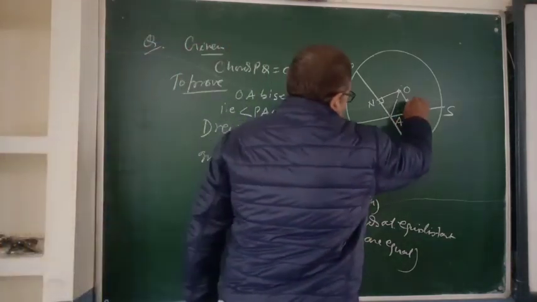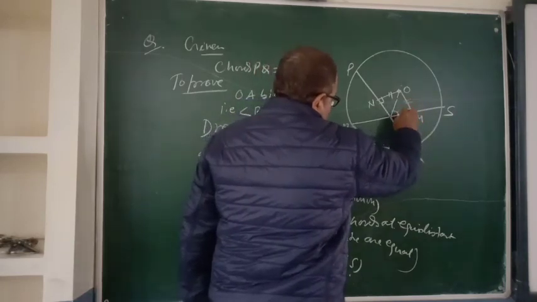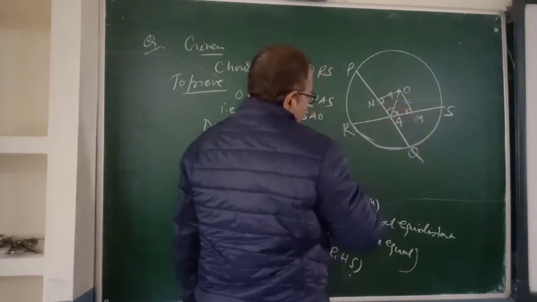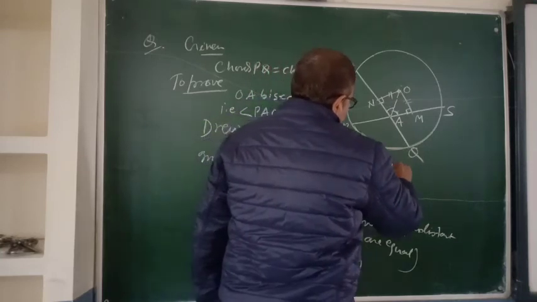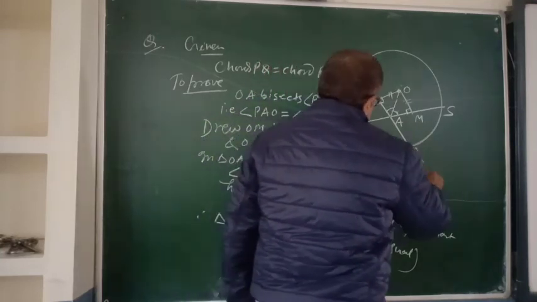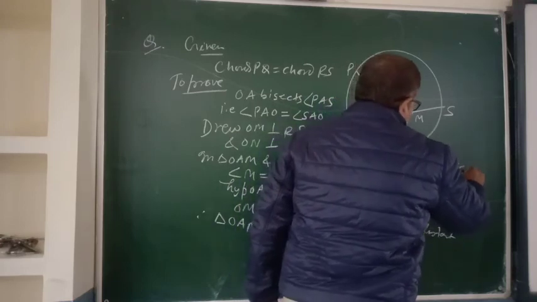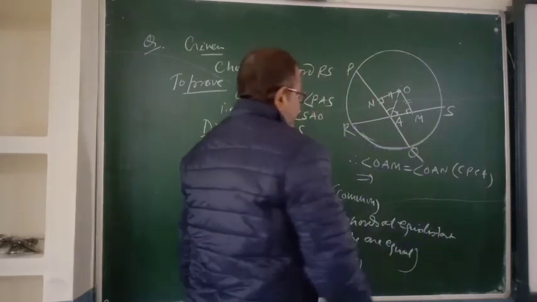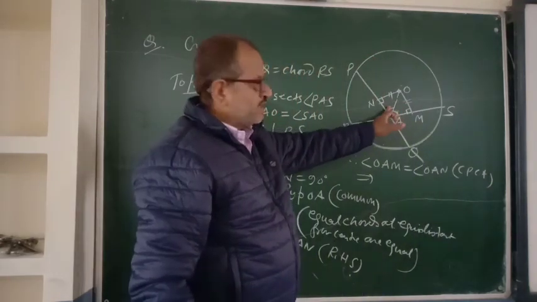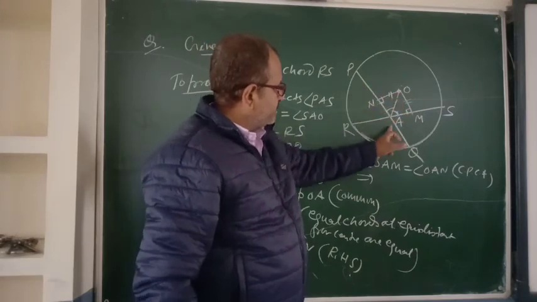So OM and ON both are equal, so their opposite angles will be equal. Therefore angle OAM is equal to angle OAN by CPCT. It means what? These two angles are equal, so we can say that OA bisects angle PAS.